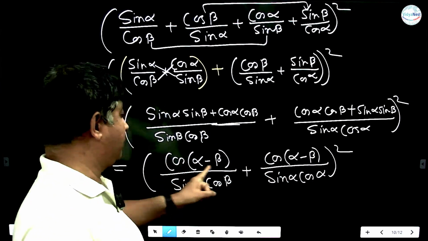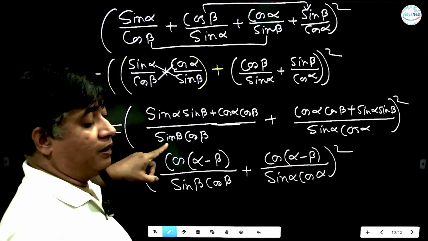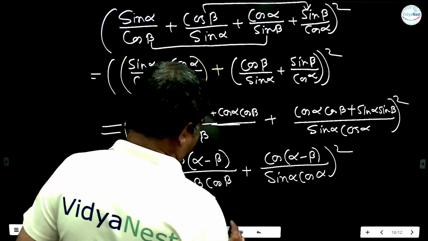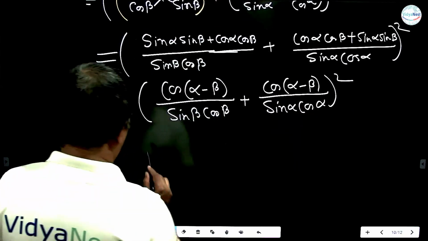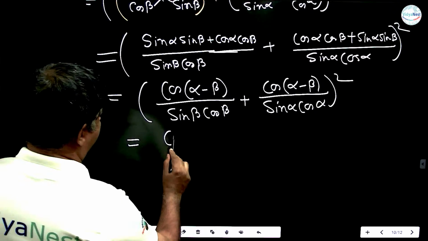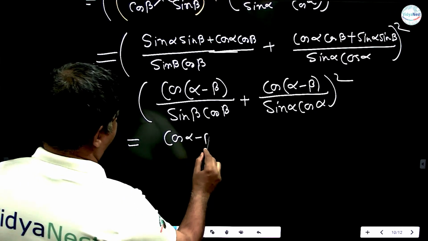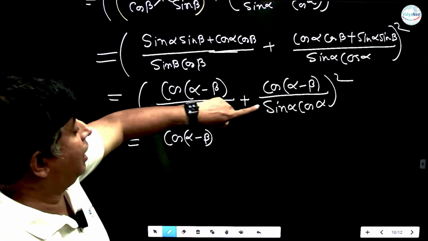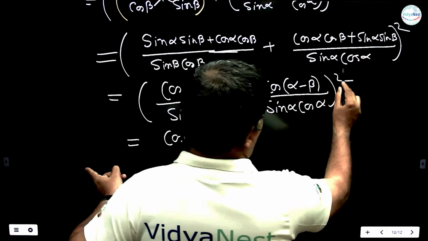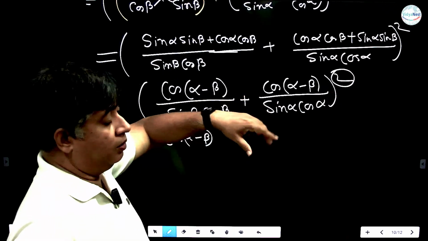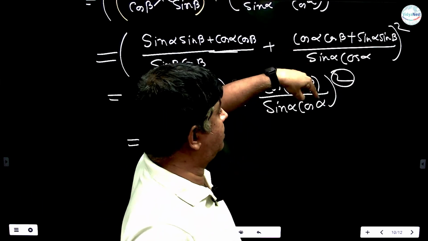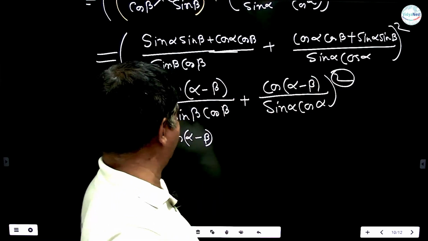Cos alpha minus beta. Yes or no? Yes, cos alpha minus beta. So take it common. If so, it will be brought out of the bracket in terms of a whole square, because you know the highest power of this expression is 2.